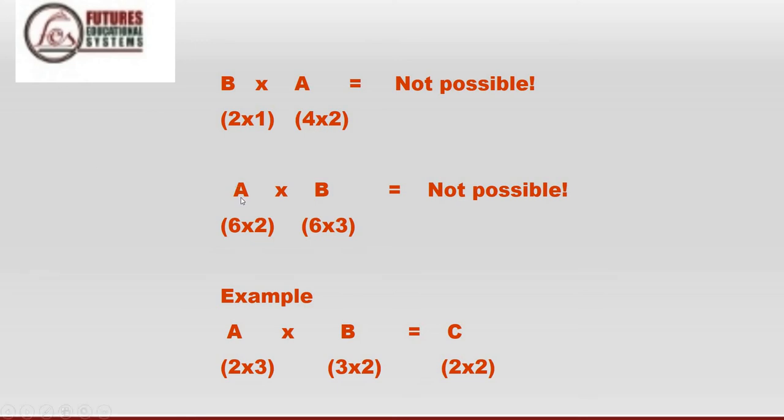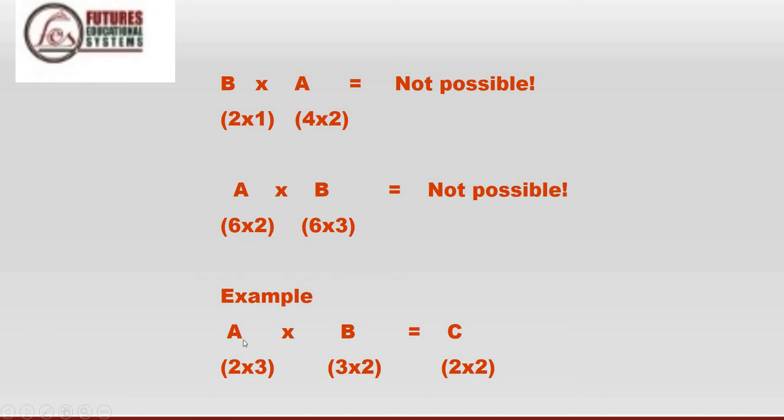The second one: if we have matrix E in order 6 by 2 and matrix B in order 6 by 3, it's impossible to do this operation because 2 doesn't equal 6. The number of columns in the first matrix doesn't equal the number of rows in the second matrix.